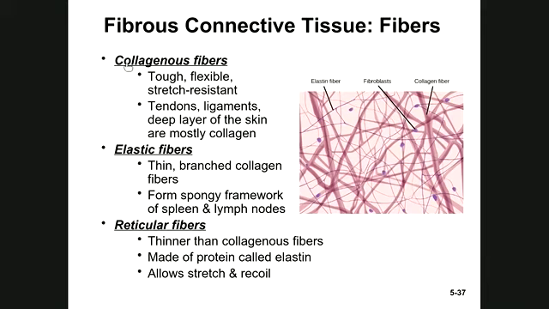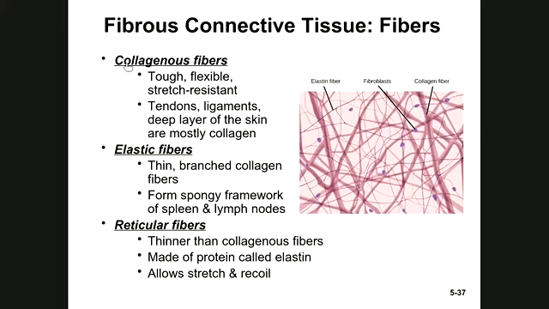Collagen comprises about 25% of our body protein, and the fiber appears white in fresh tissue. So the other name of collagen fiber is white fiber. In tissue sections stained with hematoxylin and eosin, which is the routine staining of our histology slides, they appear pink. Collagen fibers are numerous in structures like tendons and ligaments.